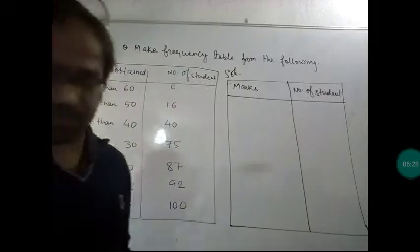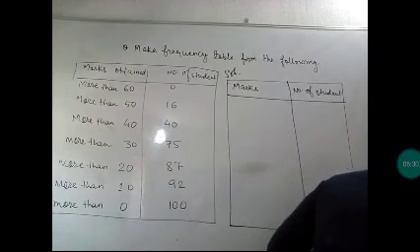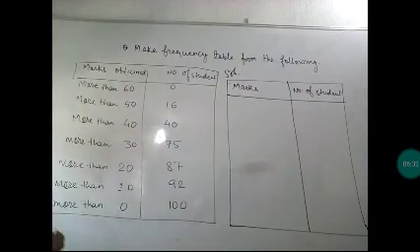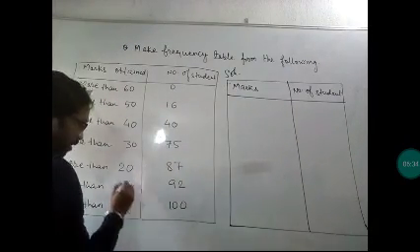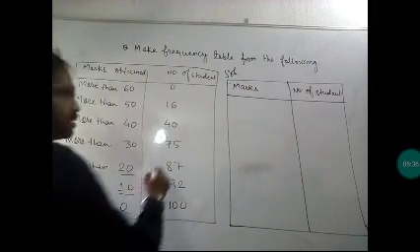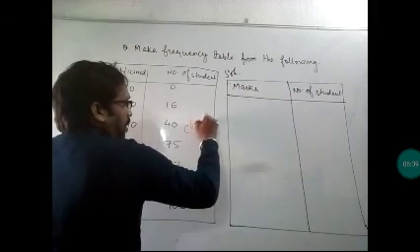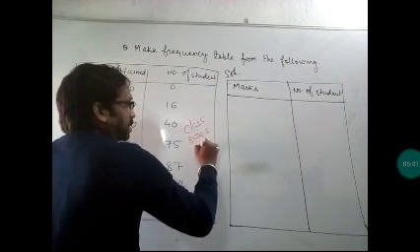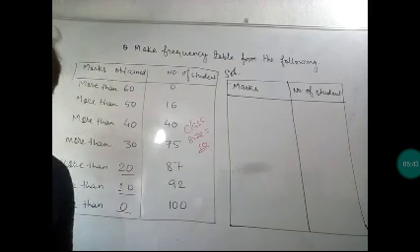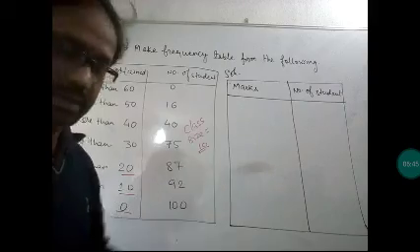Okay. First of all, here you see the class intervals, how we find them. More than 0, and then 10 is there, 20. 0, 10, 20. That means the class size is 10. Okay, we have got the class intervals here.